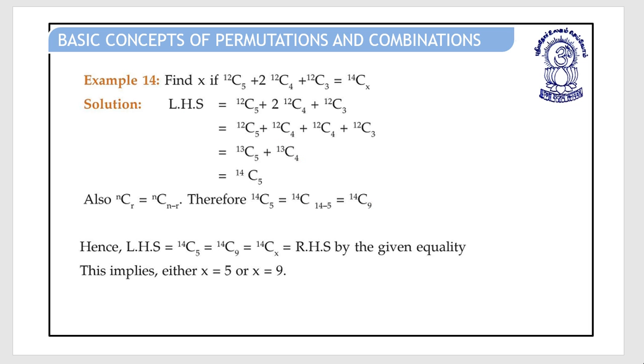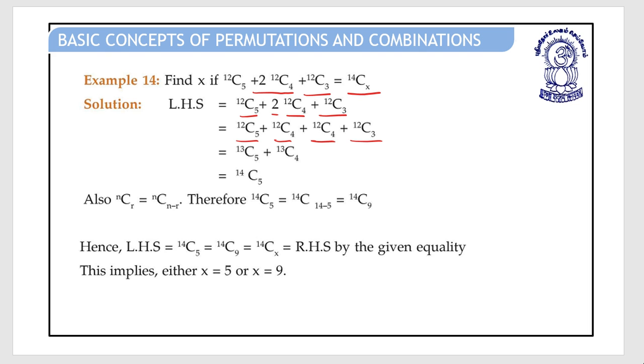Next example, example number 14. Find x if 12C5 plus 2 into 12C4 plus 12C3 is equal to 14Cx. Now first solve the left hand side. So 12C5 plus 2 into 12C4 plus 12C3 is 12C5 plus 12C4 plus 12C4 plus 12C3.